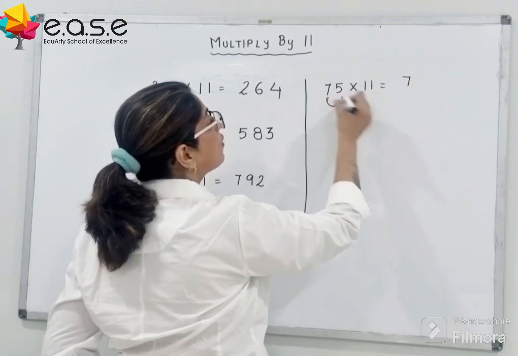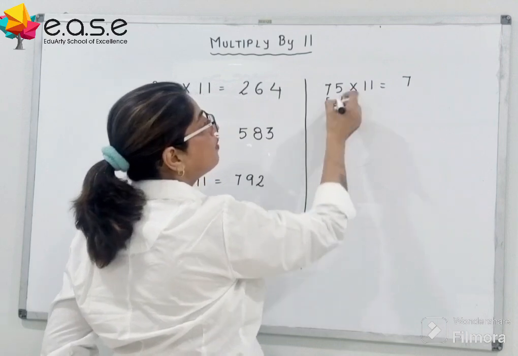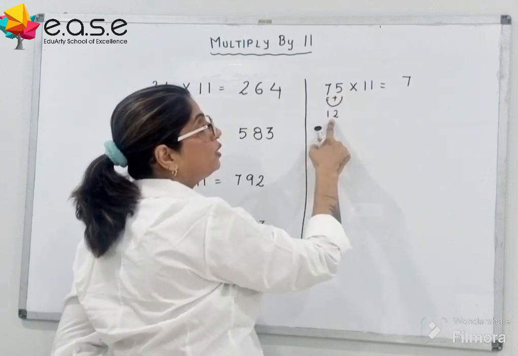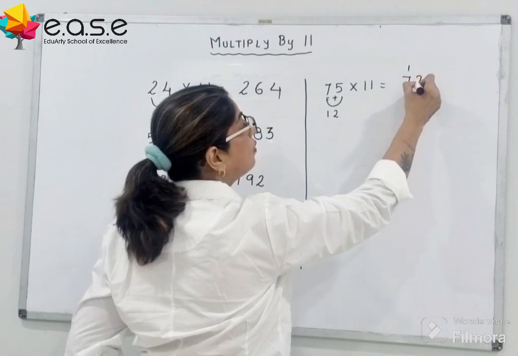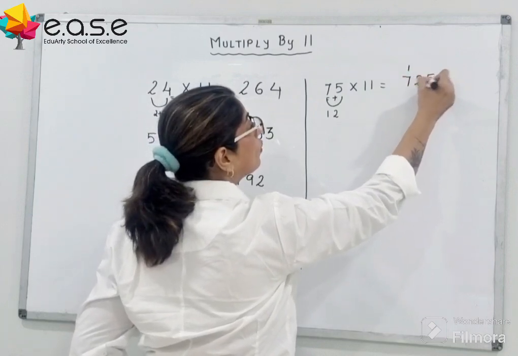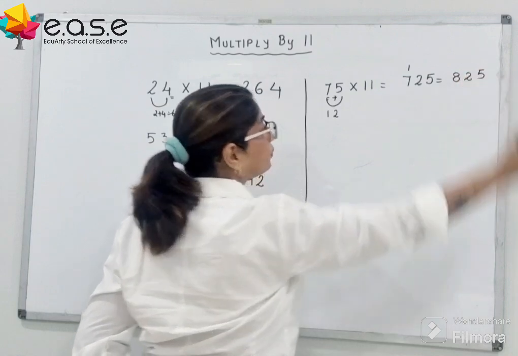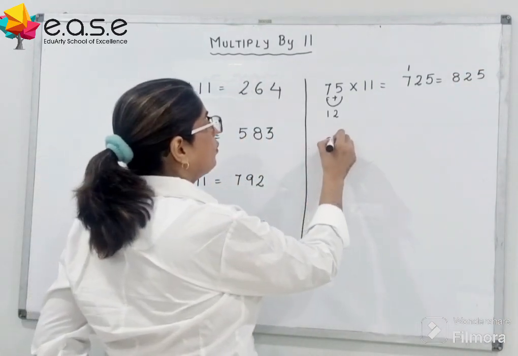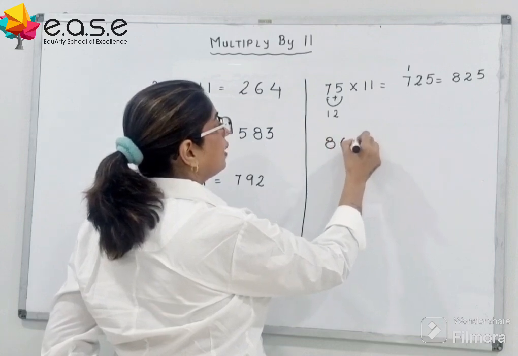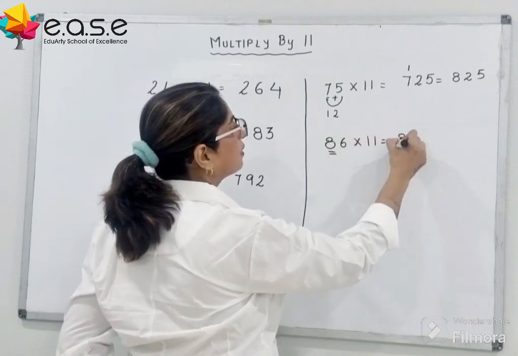You add 7 plus 5, which is 12, correct? 12 is a double digit. You write 1 and 2, 12, and then a 5. So your final answer will be 825. Correct?